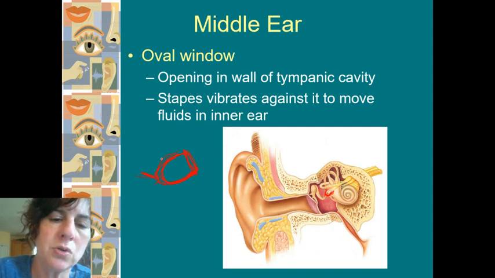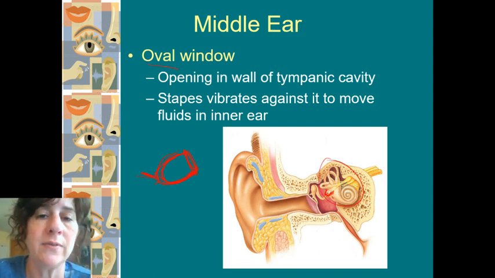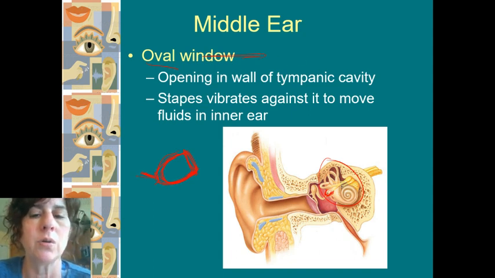It's going to transmit that information to an actual opening on the cochlea, which is called the oval window. At that point, we have now moved our physical vibration into the internal ear. So this is the division between middle ear and the internal ear, okay? And moves it towards that next section.